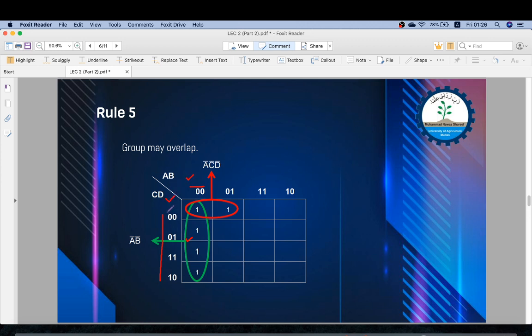For C, the values are 0, 0, 1, 1. It's not common, so we are not taking C, because we only take the variables that are common. What about D? 0, 1, 1, 0. It's also not common, so we are not taking D either. So C and D are eliminated.